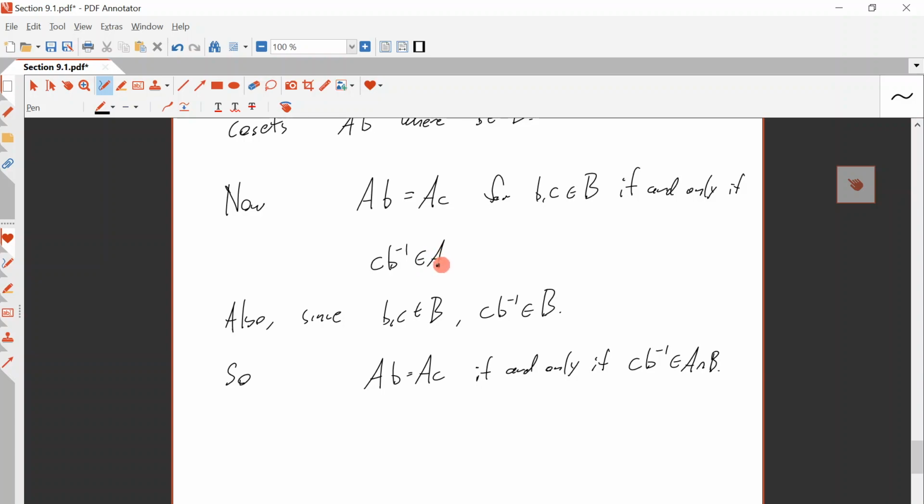But because c and b are in B, the product cb inverse is in B. So these two cosets are equal if and only if this product is in A intersection B.